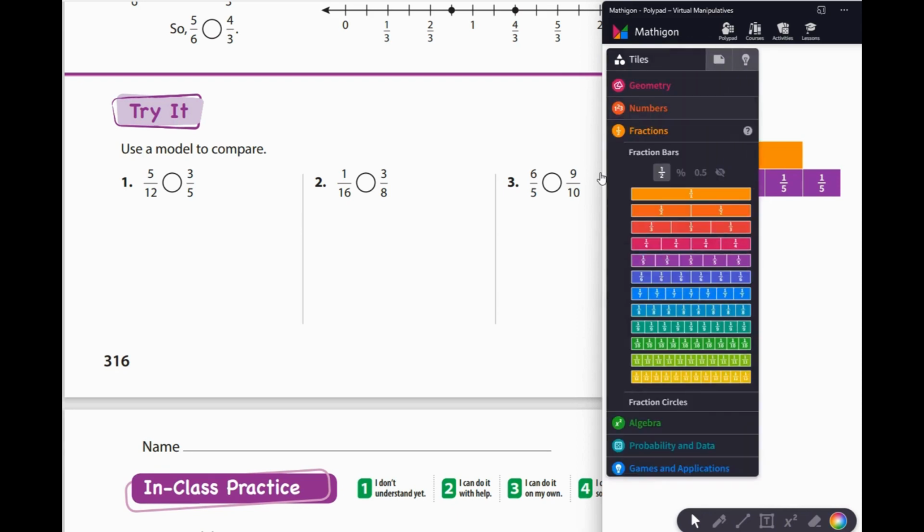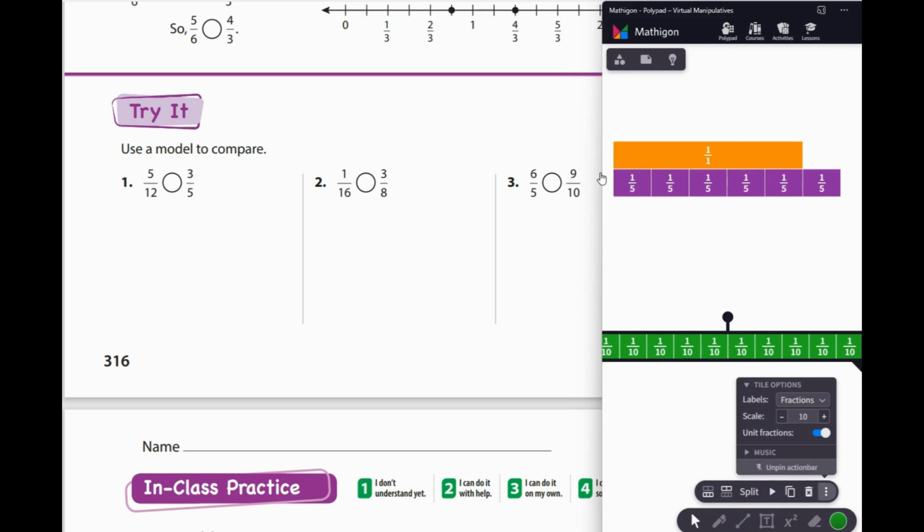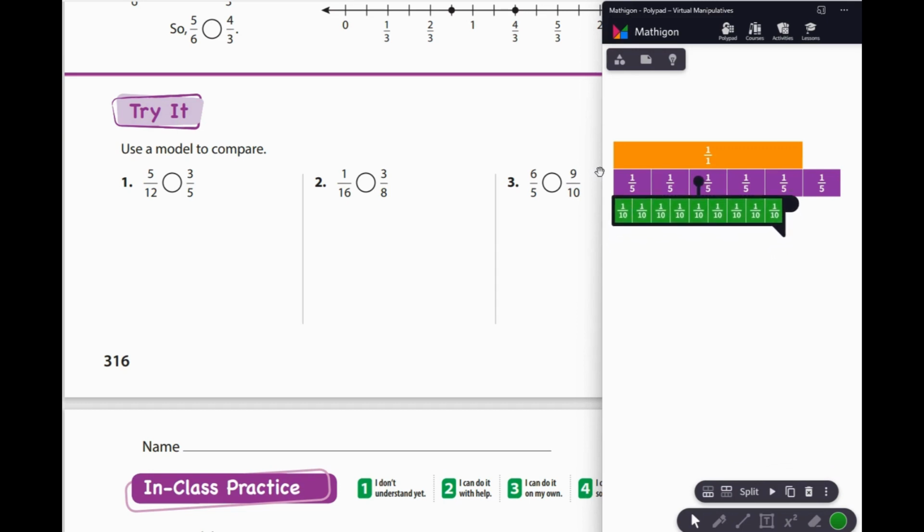Now we're going to look at 9/10. Let's look at our tenths. Let me minimize it to the same number as the other two. Okay. I needed 1, 2, 3, 4, 5, 6, 7, 8, 9, 10, right? I needed what? 9. That took one away. There you have it.